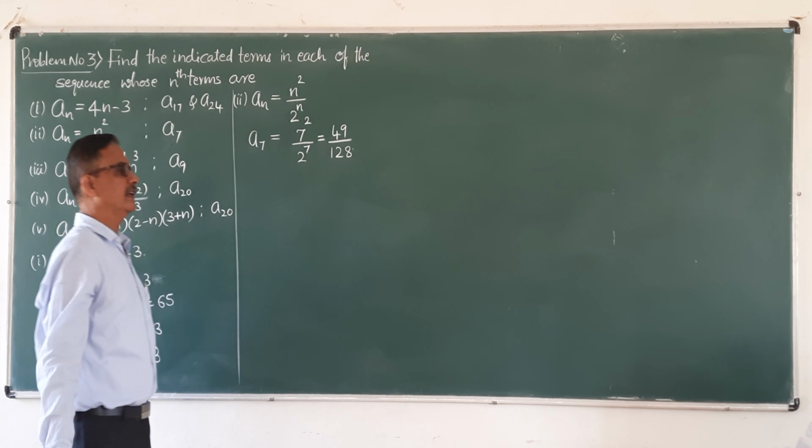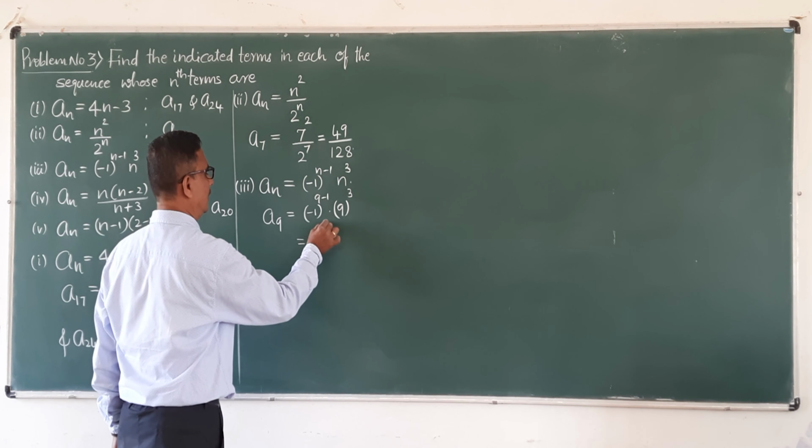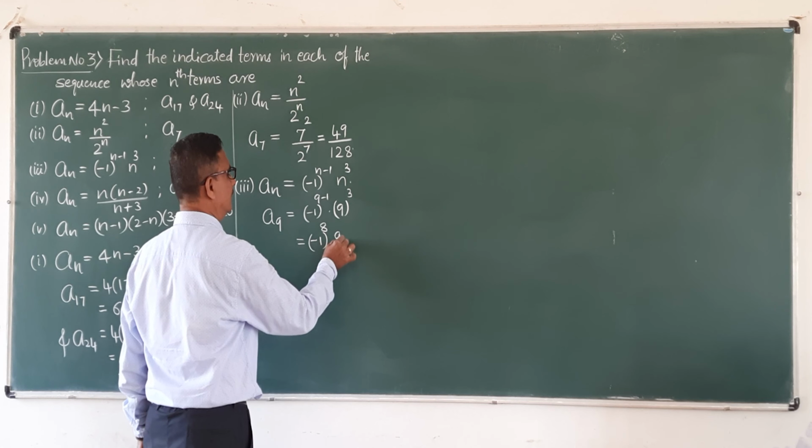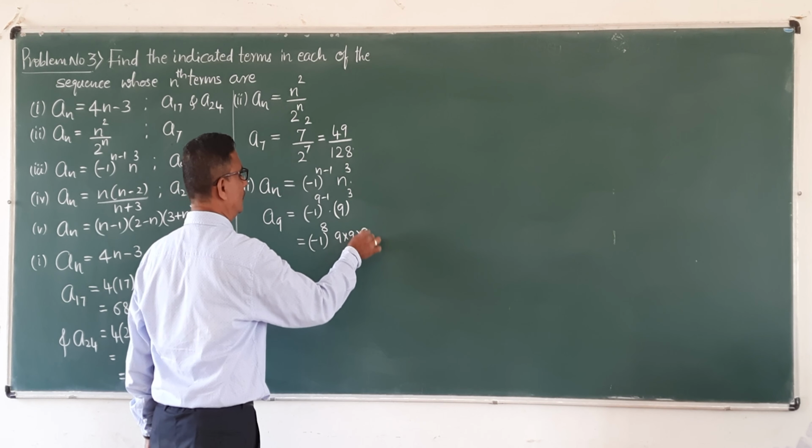Similarly, the third question, nth term is given: An is equal to minus 1 power (n minus 1) into n cube. Now find A9. Put n equal to 9: minus 1 power (9 minus 1) into 9 power 3. That equals minus 1 power 8 into 9 power 3, which means 9 into 9 into 9.